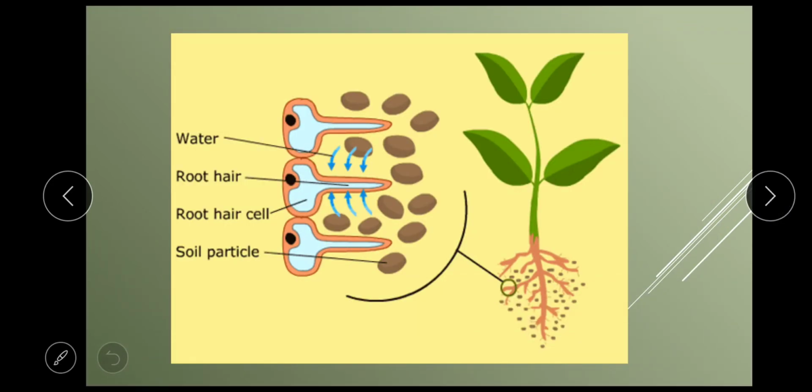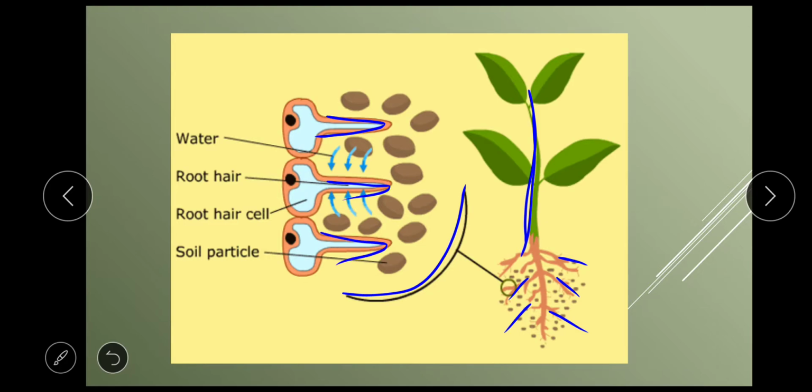See this diagram. You can see here this is a plant. Okay, these are the roots of the plant, and this one root, we have zoomed this and they have shown how it works here. Okay, so you can see that these small roots which you can see here are nothing but these roots. Okay, and these roots, this is the soil.